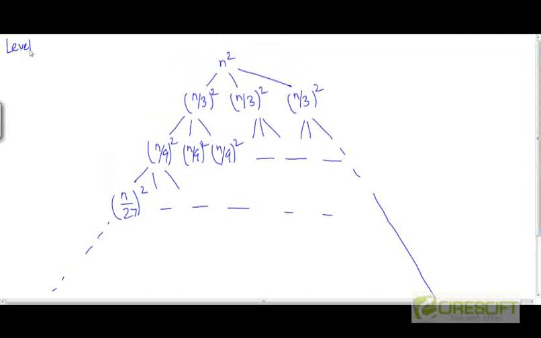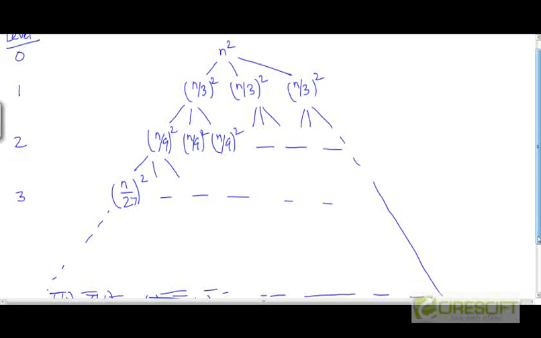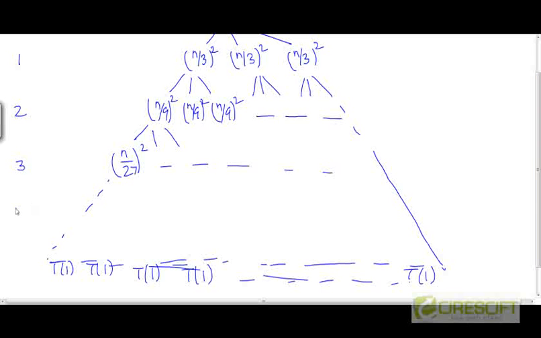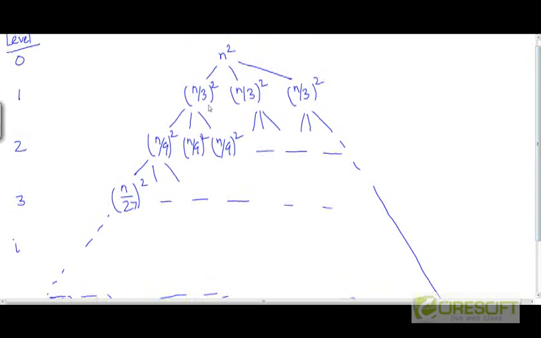So if we define the topmost level as level 0, the next level is level 1, next one is level 2, level 3, and so on. At level i, we are going to have nodes with the value or cost n by 3 to the power i, squared.